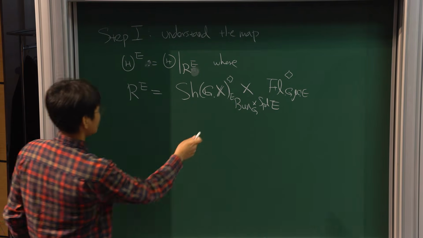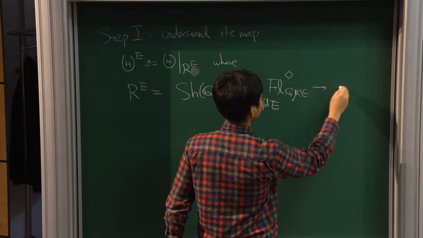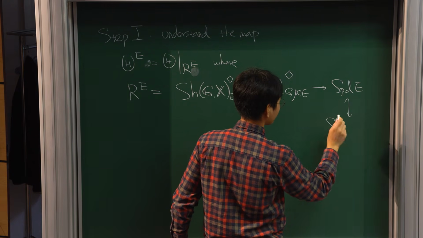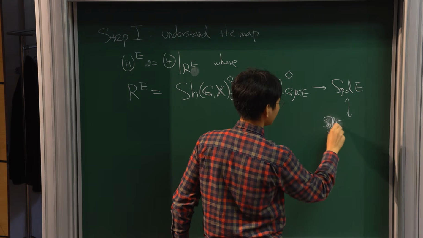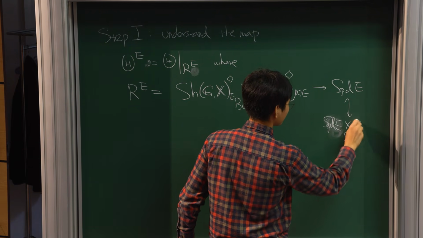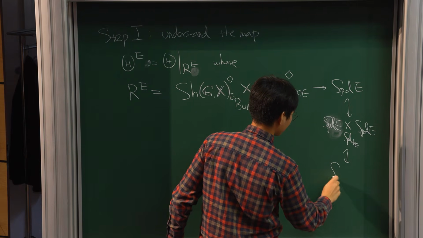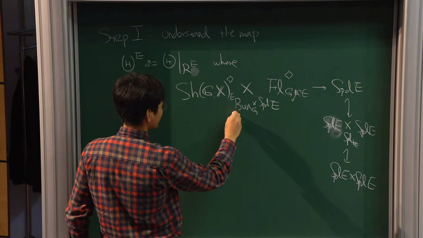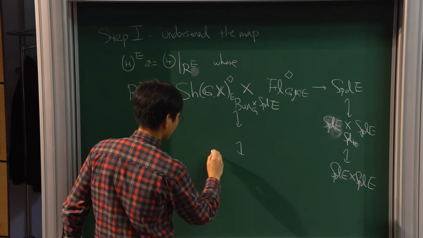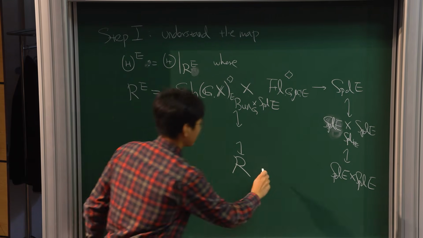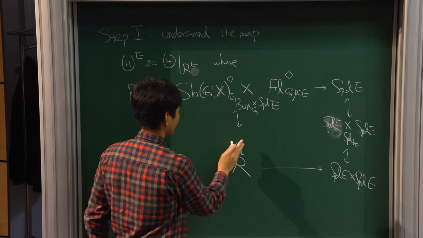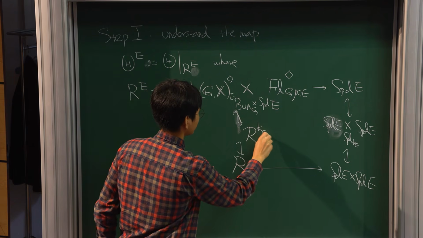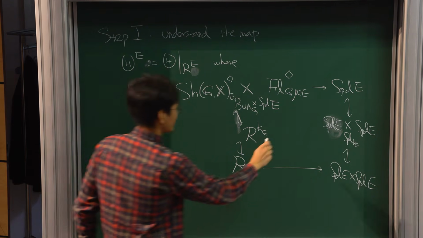So essentially this maps to, let me do it this way: Spd E maps to Spd E times Spd of k_E, which sits inside Spd E times Spd E. And this is essentially the base change of my R. Let me also put an intermediate thing, R_KE, for future use.